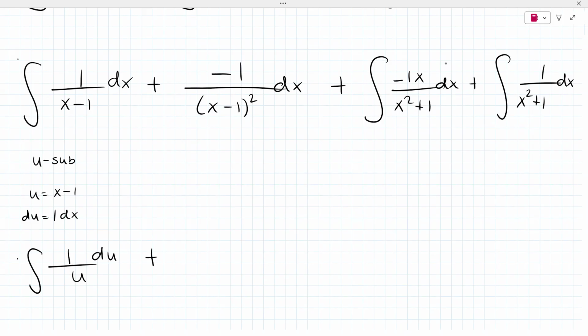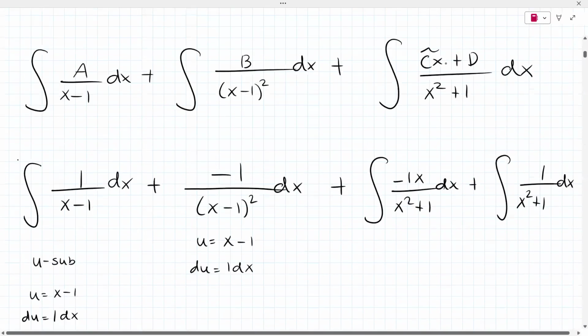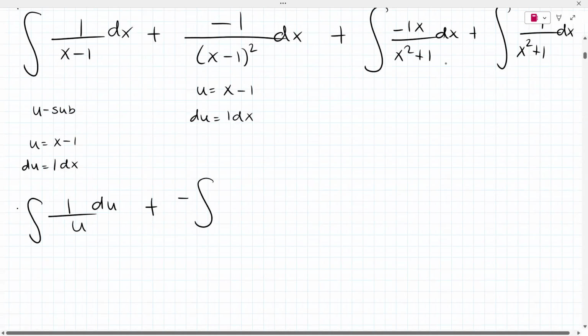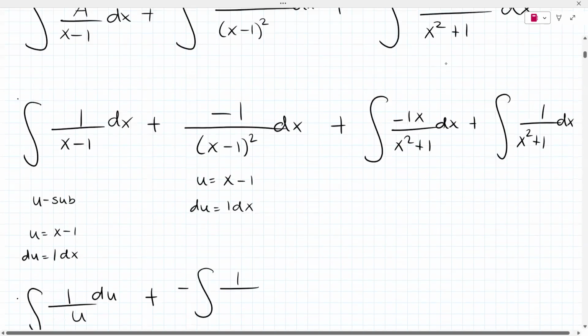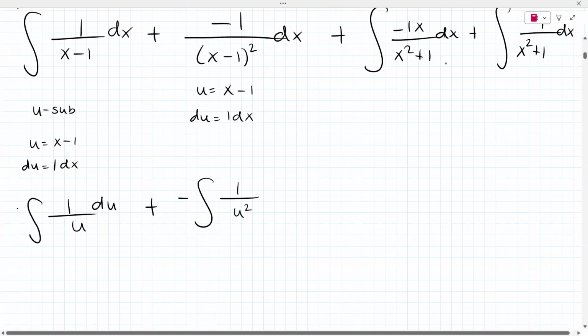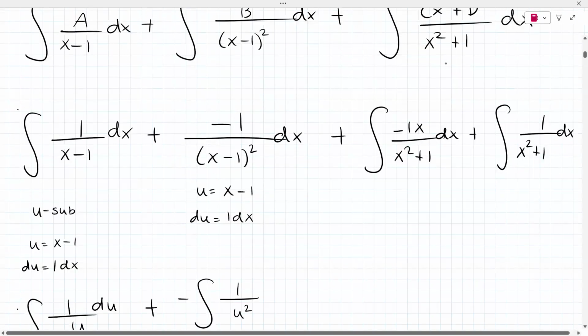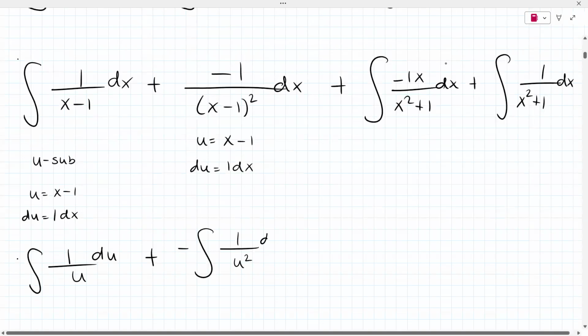Plus, over here, your u is going to be x minus 1, and then my du would be 1 dx. You have a negative here, we'll take that out. That's a constant, so it's negative 1, and then you can replace x minus 1 with u squared. And then 1 dx will be expressed with du.